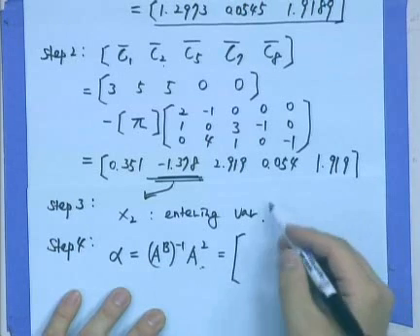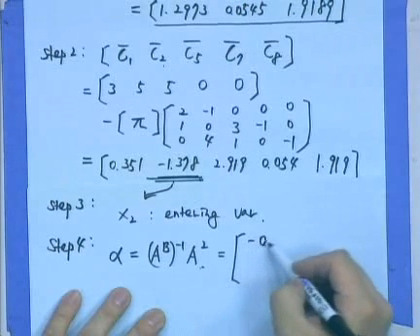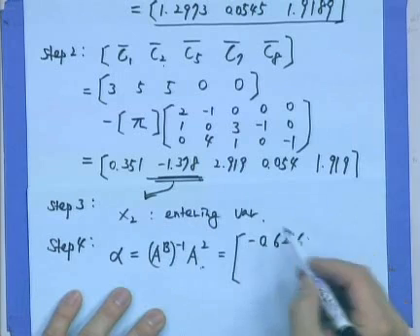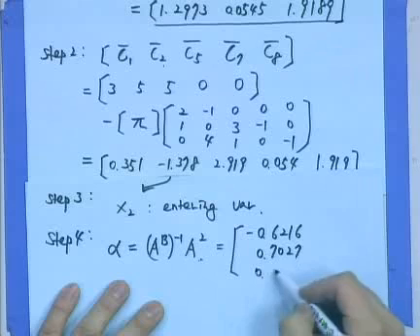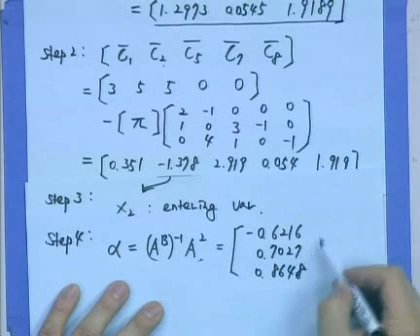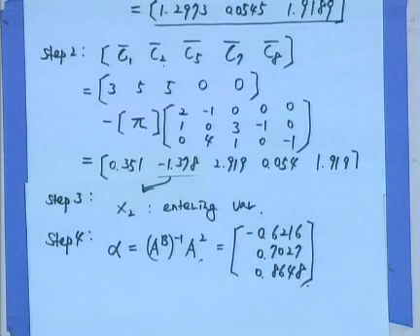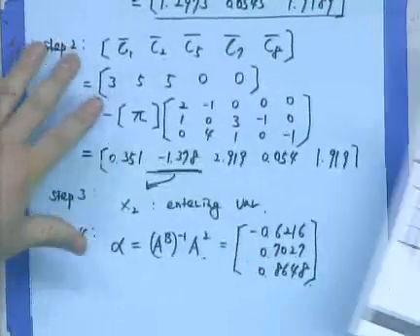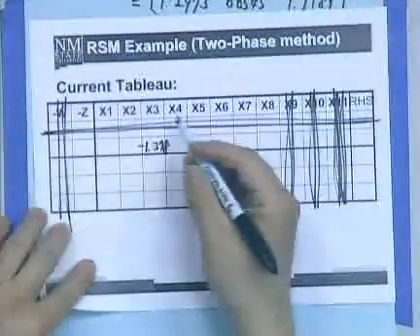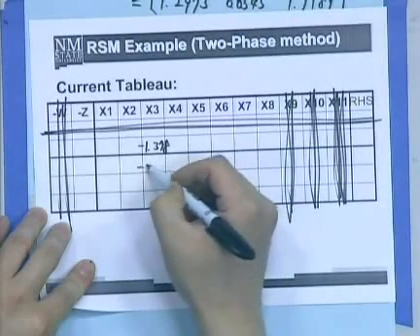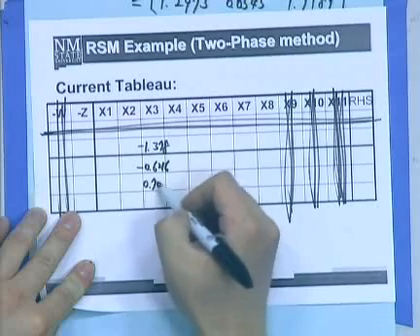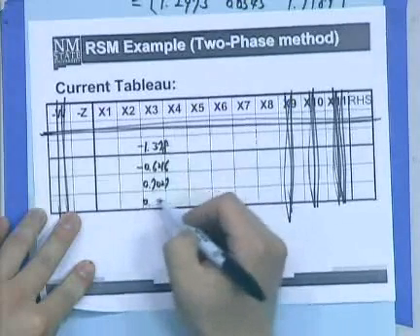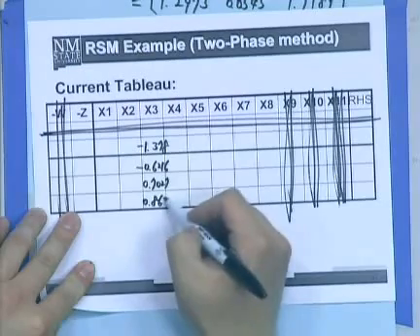Anyway, I've got negative 0.6216, 0.7027, 0.8648. Okay? So we can update the table with these values, negative 0.6216, 0.7027, 0.8648. Okay?